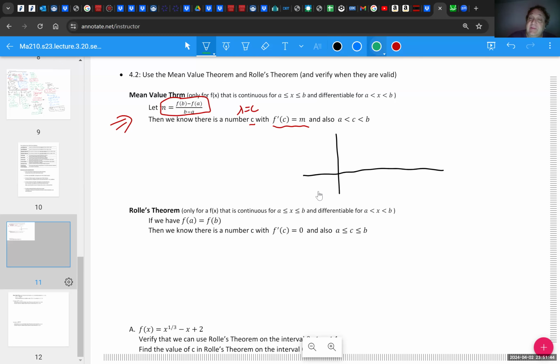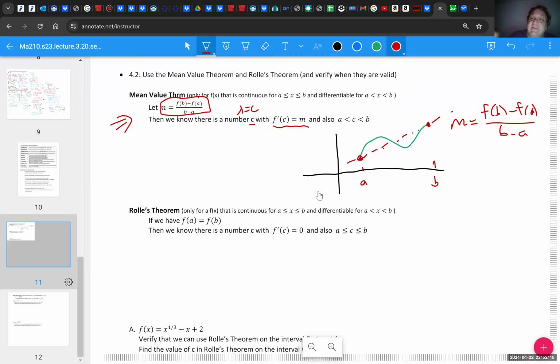So let me illustrate an example here. You have some kind of function. You have a starting point, you have an ending point, and from the starting point and the ending point, you can find a slope. Usually we represent that as a line, because slopes are how much a line increases or decreases. So we have the slope of this line, which is, this is our B, this is our A. So it's just y2 minus y1 over x2 minus x1.